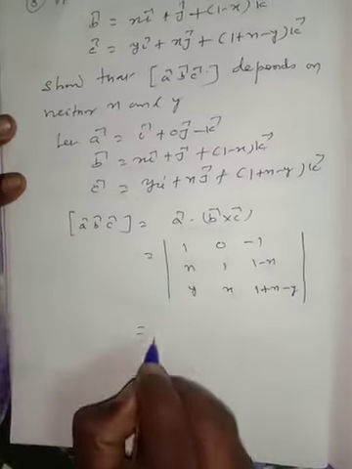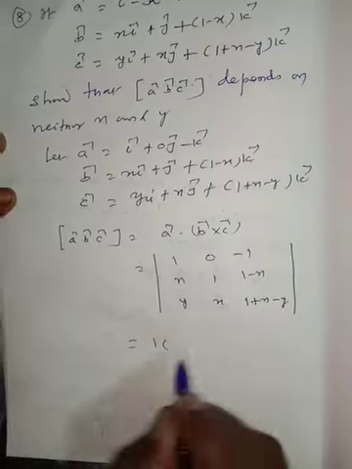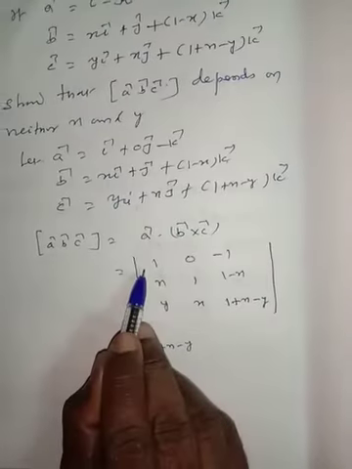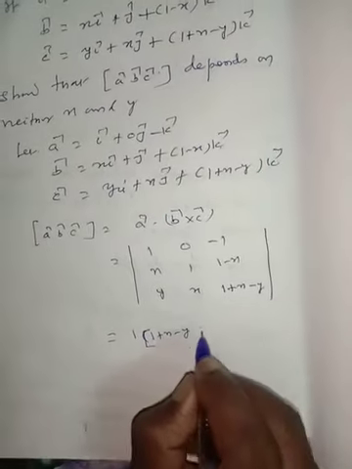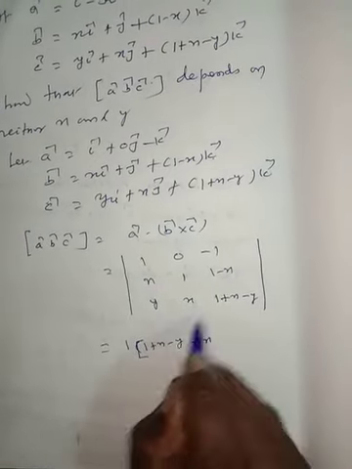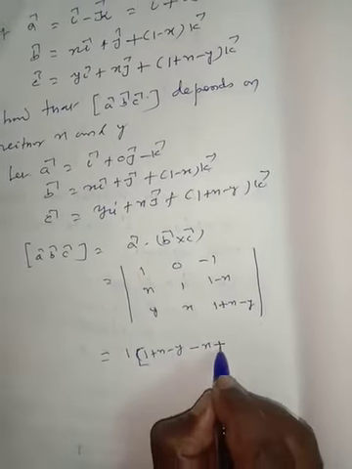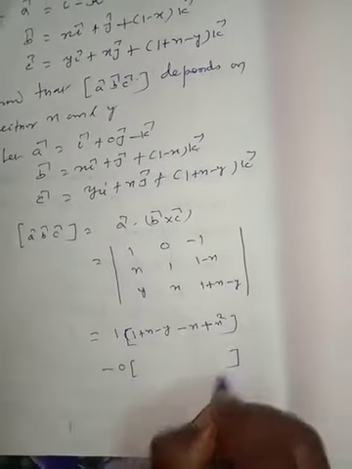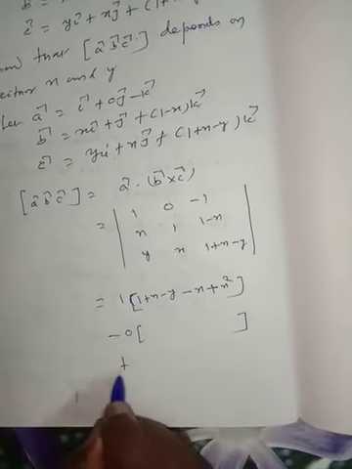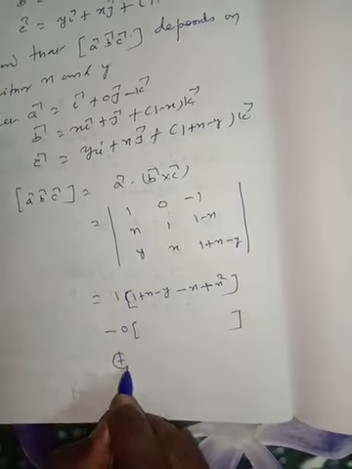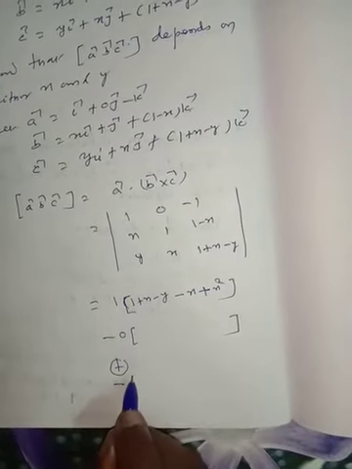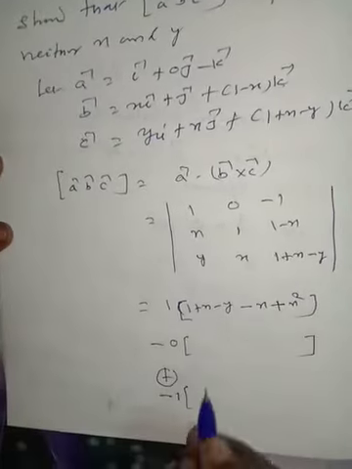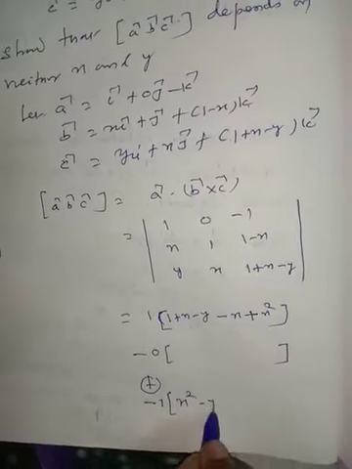Is equal to first 1 into 1 plus x minus y, 1 into 1 plus x minus y minus x minus of minus positive x square, minus 0 into bracket, next plus 1 minus 1 into plus, therefore minus into minus 1 into minus means minus 1 into x minus x into x is x square minus y.